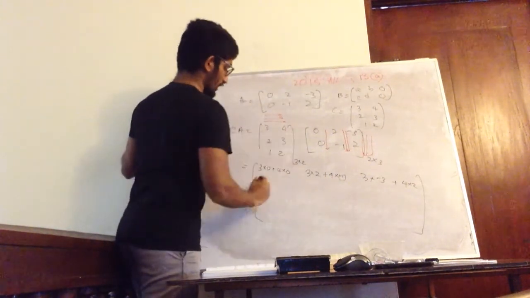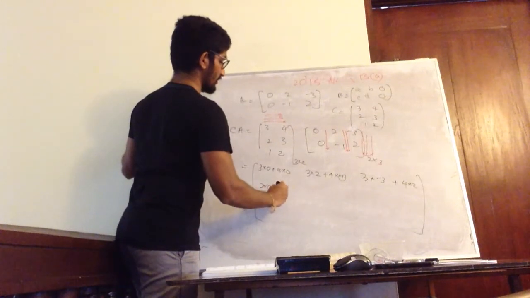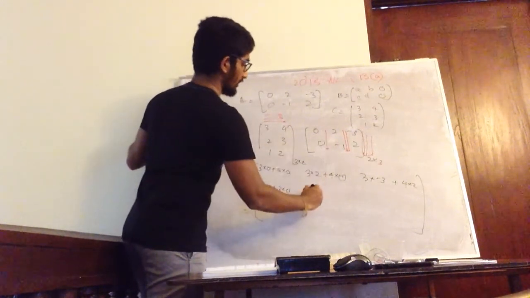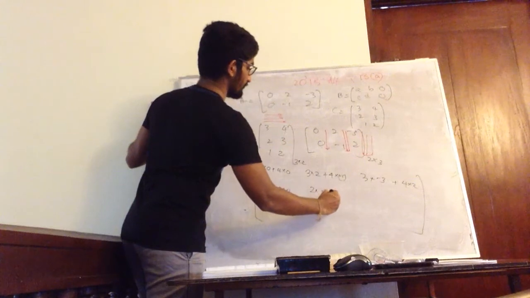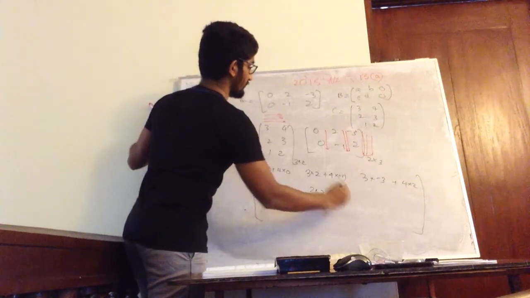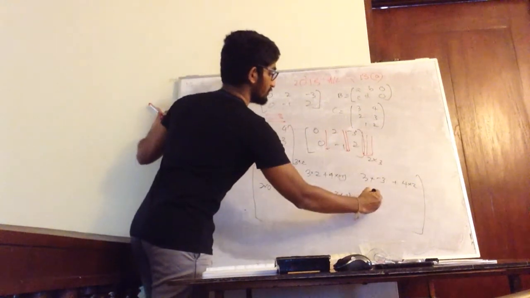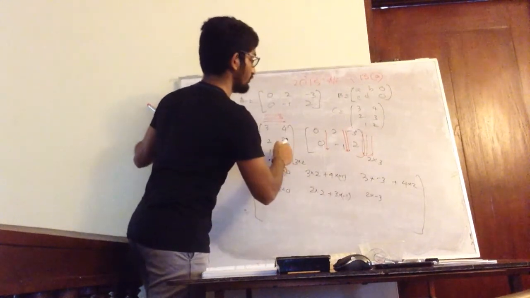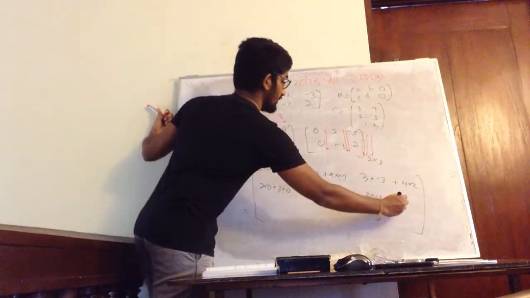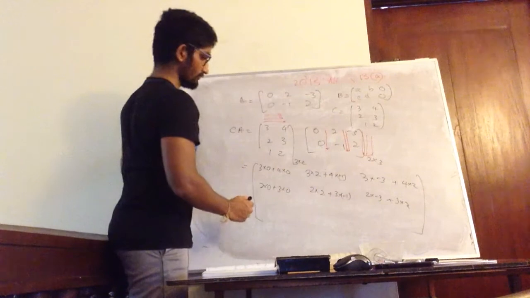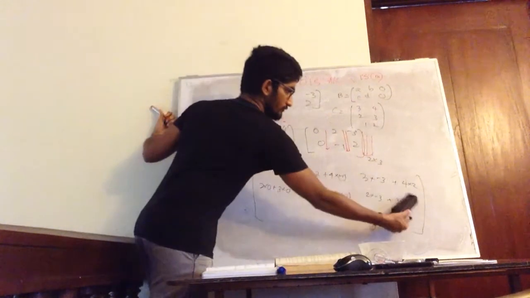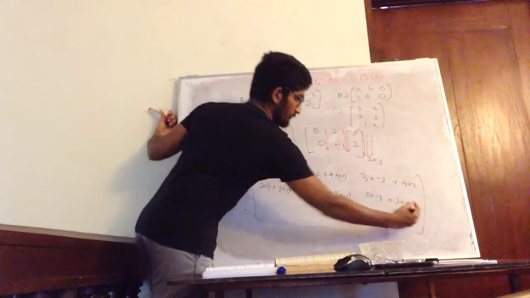So 2 times 0 plus 3 times 0, 2 times 2 plus 3 times minus 1, 2 times minus 3 plus 3 times 2.